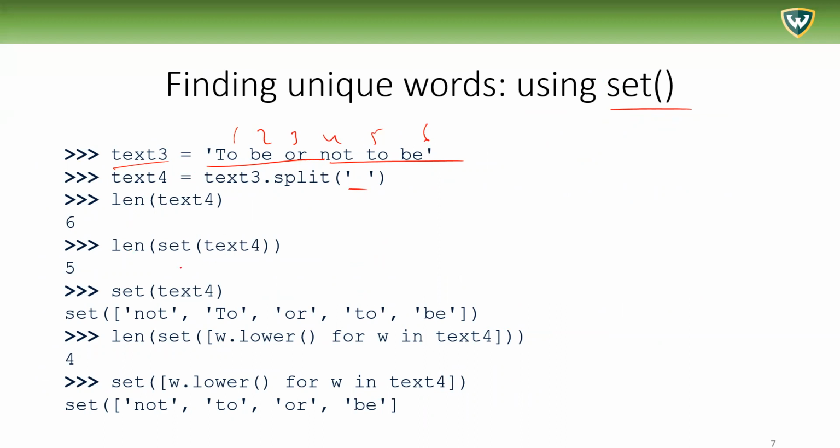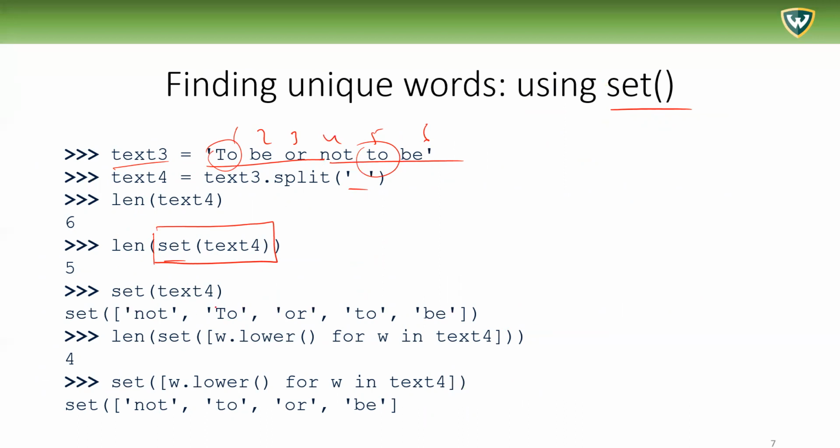And then if you apply set, it finds the unique words. So here, set of text4, these are the unique words of text4. You can see that this one word here is repeated, so there's actually 5 unique words if you print out the length of that set.